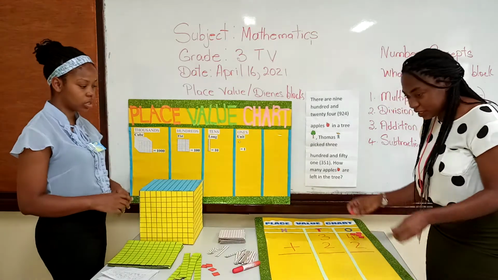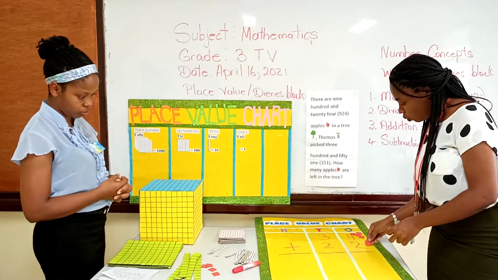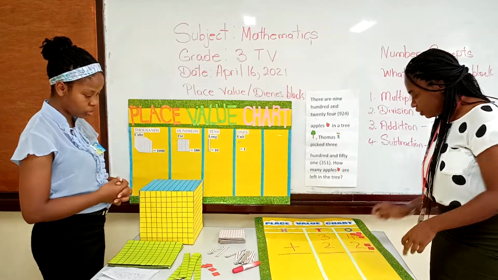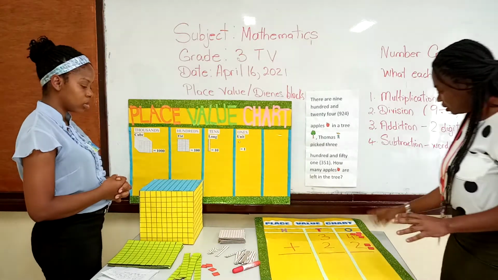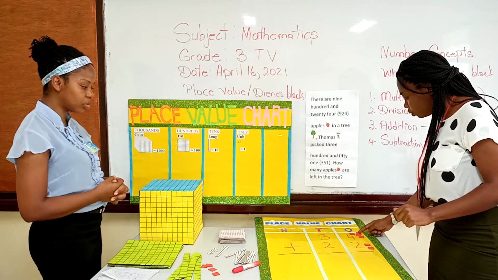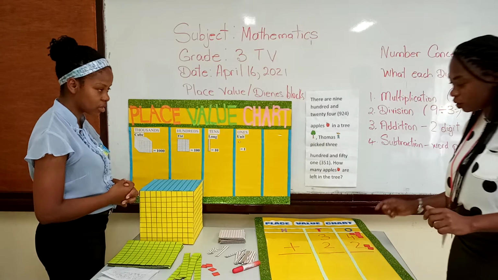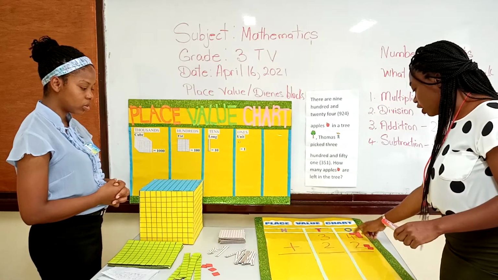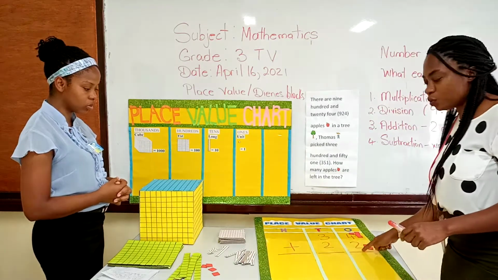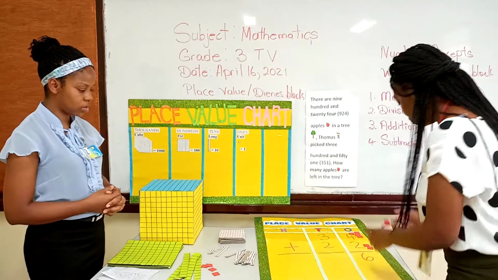And then 2 units to represent the digit 2. 1, 2. Then we're going to count them. 1, 2, 3, 4, 5, 6. So when we count them together, we realize that 4 plus 2 equals 6.